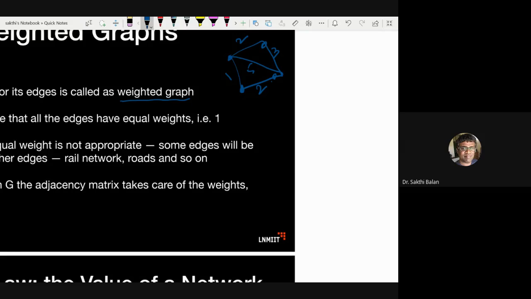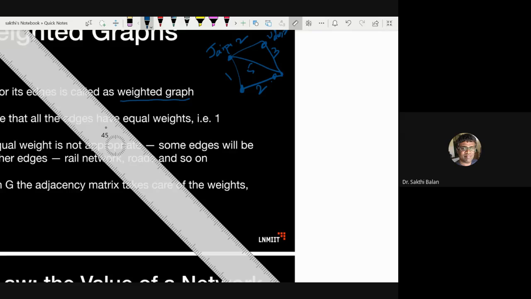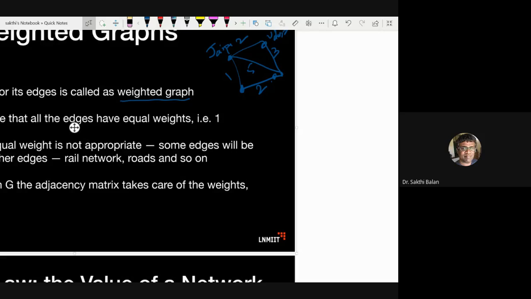For example, if this is Jaipur and this is Udaipur, and I say that the weight is 2, then it might mean that it takes 2 hours to go from Jaipur to Udaipur. I'm just giving an example.